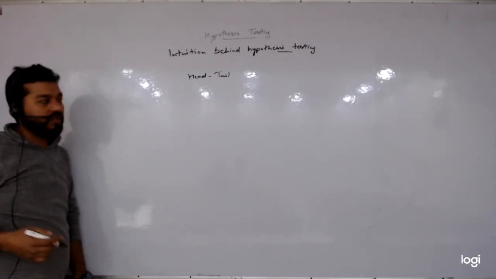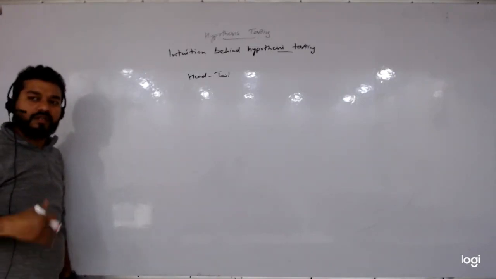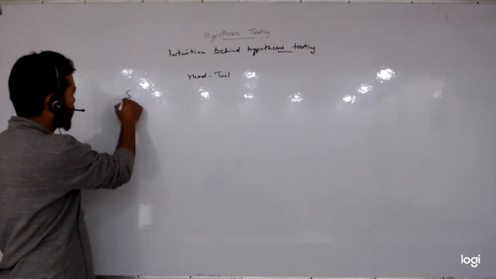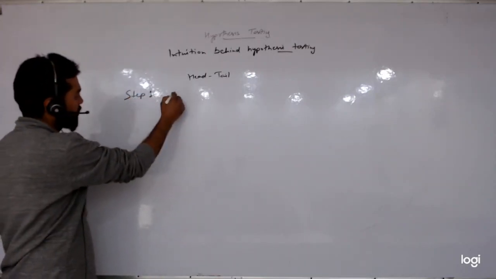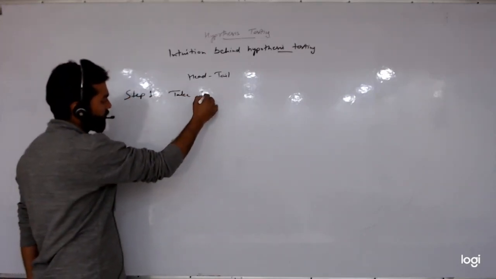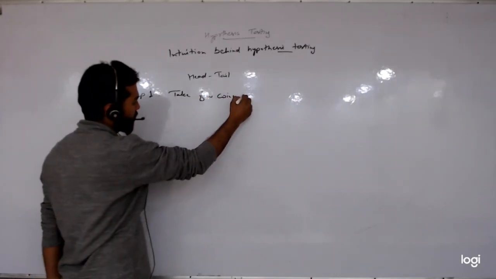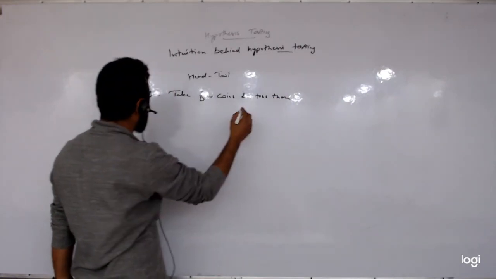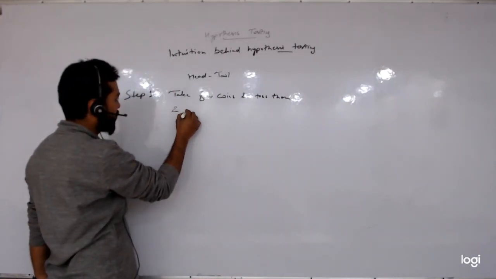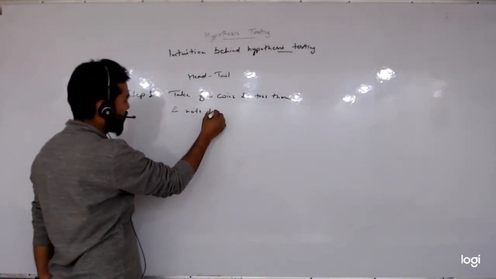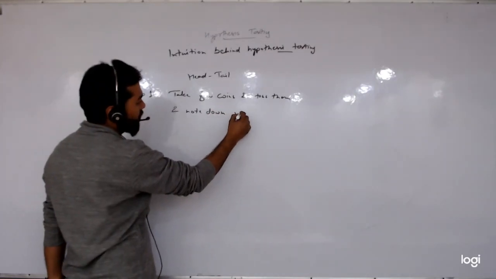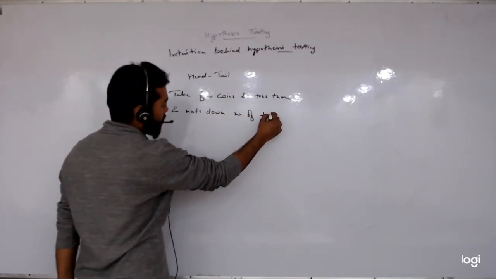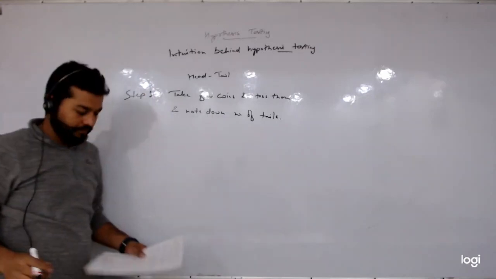The first thing would be you take a few coins and you toss them. Okay, step 1. Toss them and note down the number of tails.